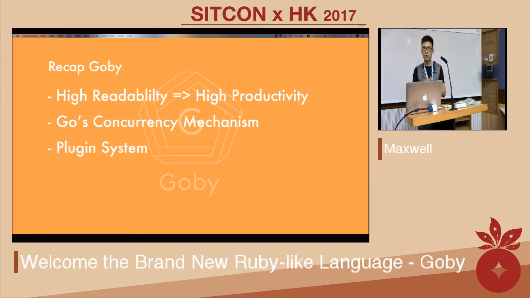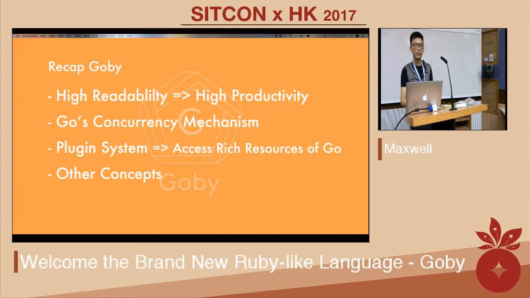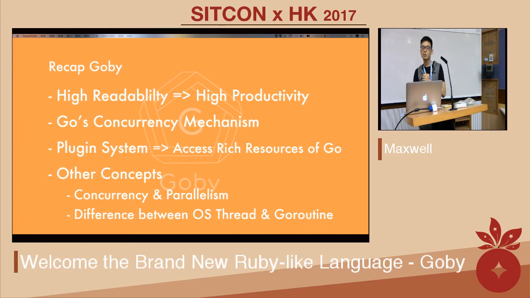And the third one is the plugin system, which is implemented in Goby. So it helps you access the rich resources of the Go library. Now, other concepts such as concurrency and parallelism are also introduced because they help you understand the difference between the thread in the operating system and Go's goroutine.